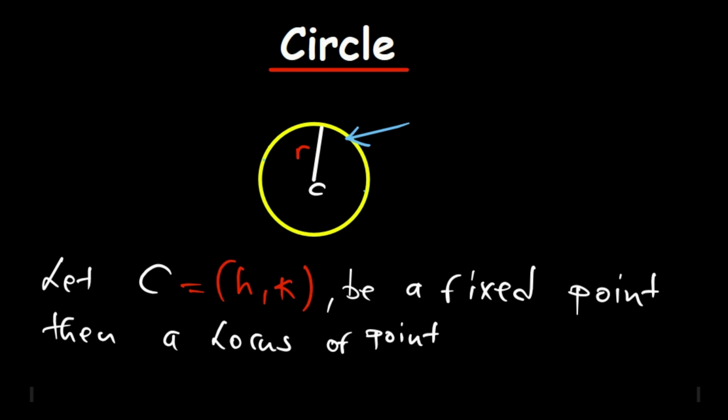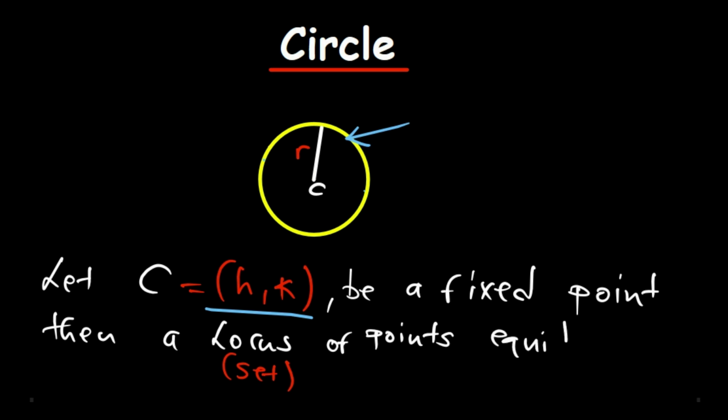So what are we saying here? If we've got a center h, k as a fixed point, then a locus, or think of this as a set of points, what should these points be? These points should be of equal distance to the fixed point, right? So then a locus of points equidistant.